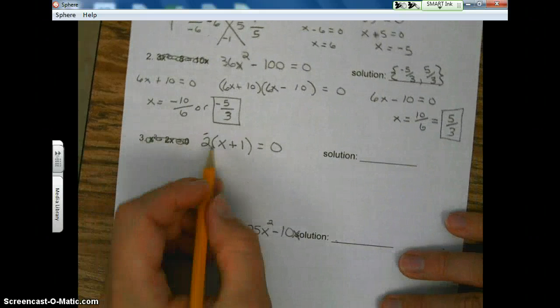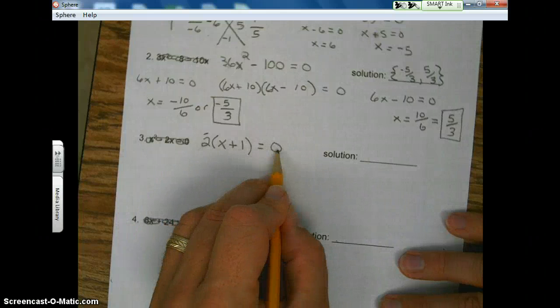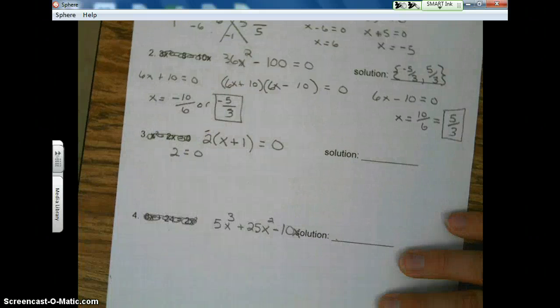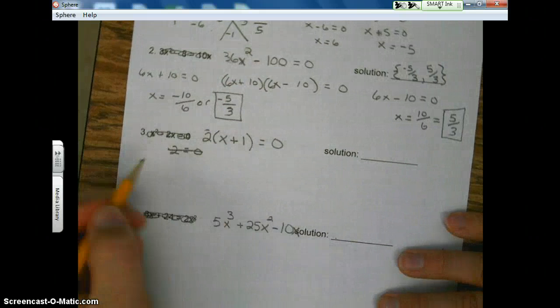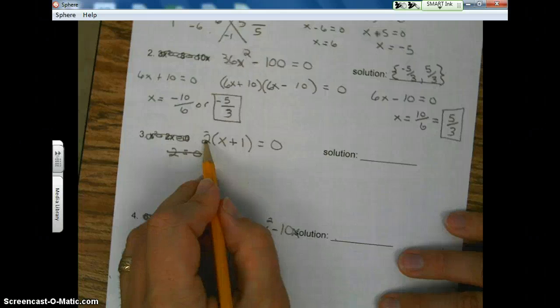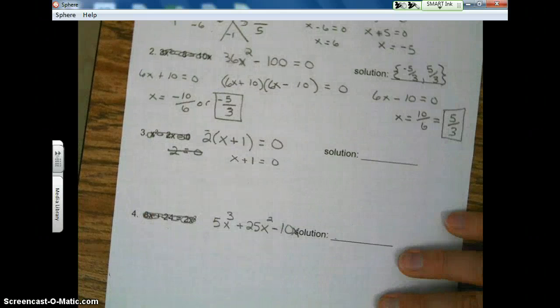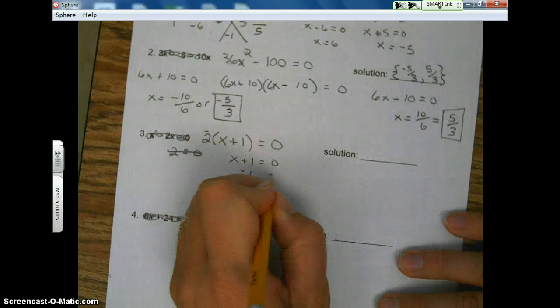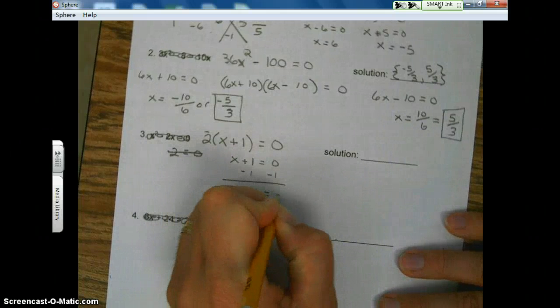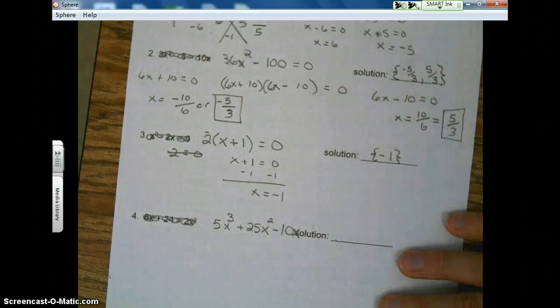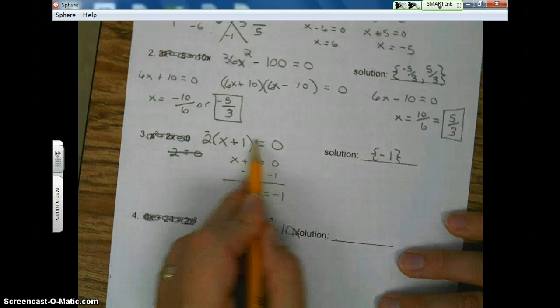Okay, number 3. Set each factor equal to 0. Well, if I take 2 and I set it equal to 0, can't solve that. So we ignore the 2. So we take the other factor, set it equal to 0, x equals -1. So our solution is -1. Now, this is linear.